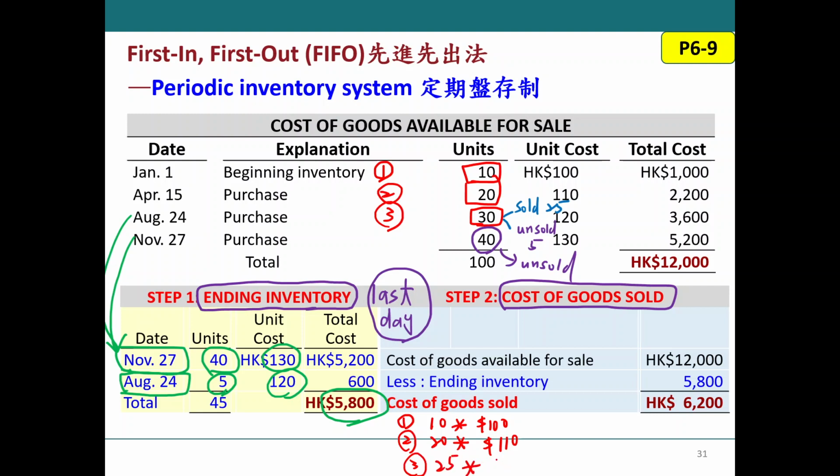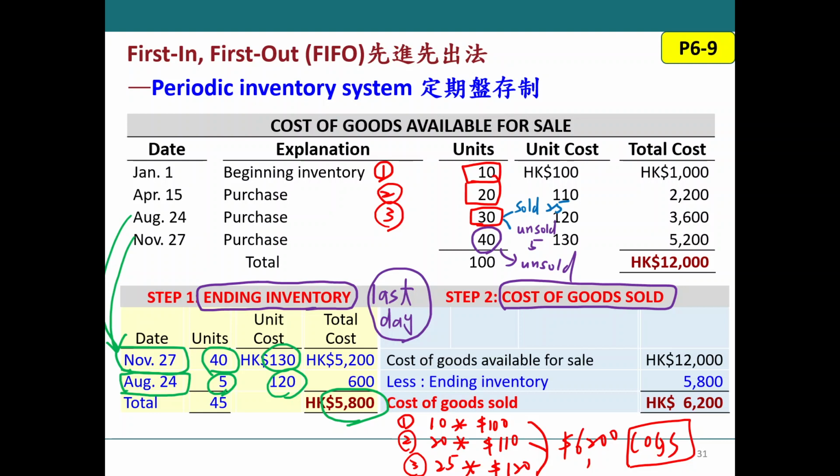Each one unit cost is $120. Okay? So based on these 3, you will find out your cost of goods sold should be $6,200. That's your cost of goods sold. Any questions? So you could find out first purchase, second purchase, third purchase.